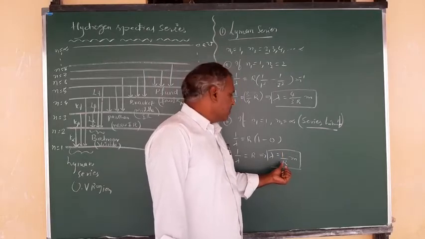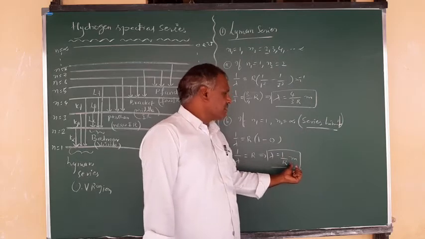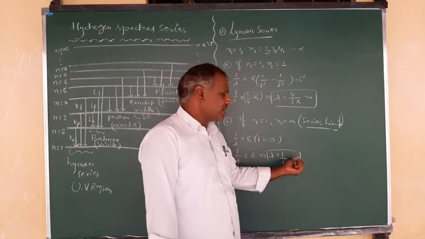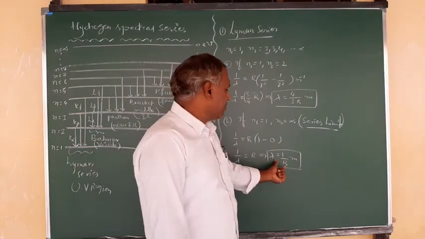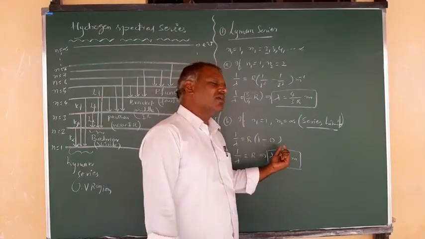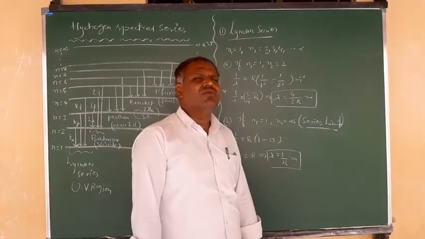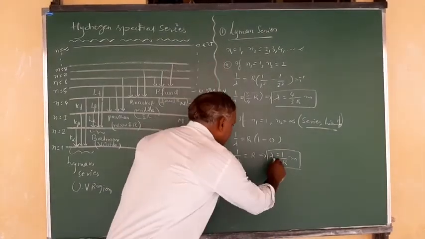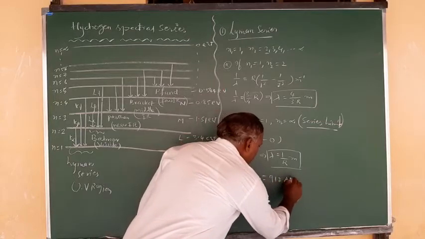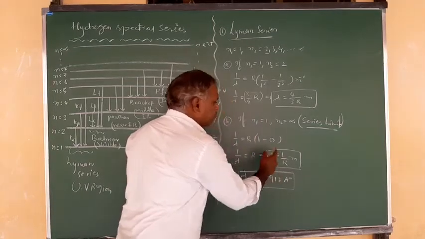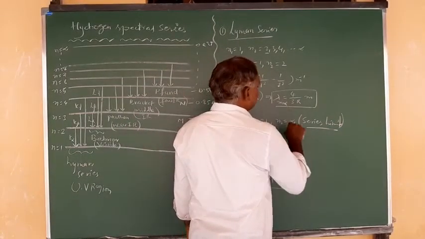If you calculate 1 upon 1.097, it is near 1, about 0.9. It becomes 912 angstrom units. So lambda minimum is equal to 912 angstrom units, obtained by substituting the R value. Similarly, the other value will be lambda max.